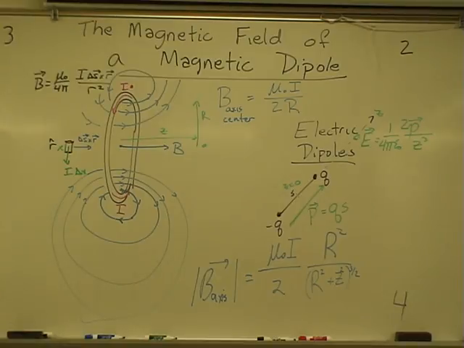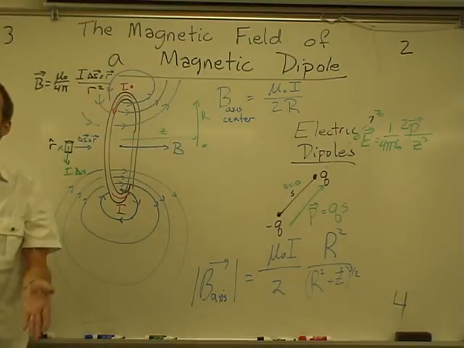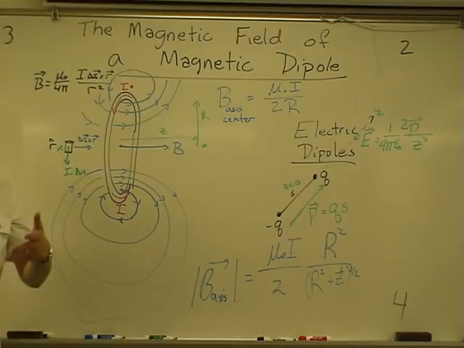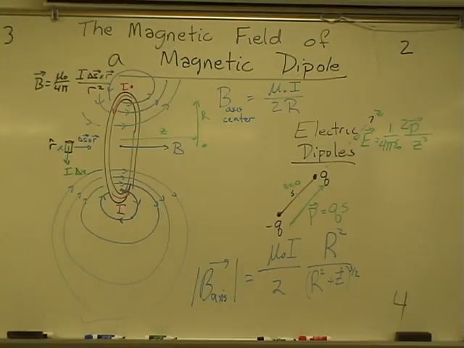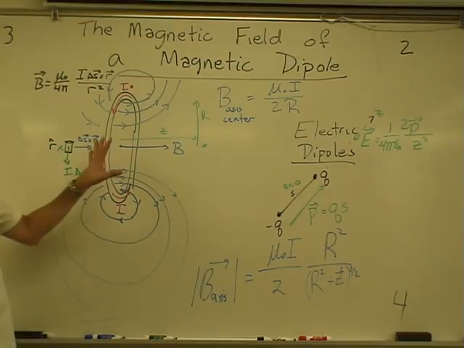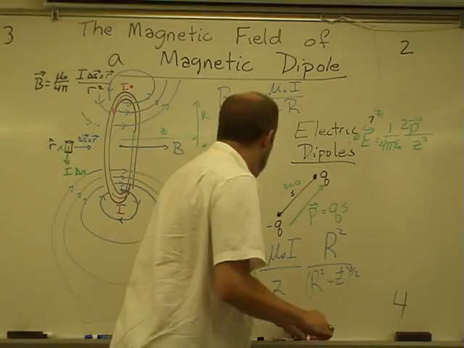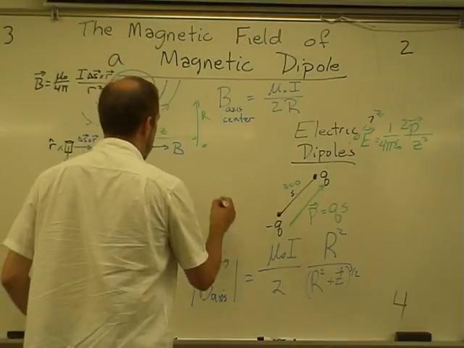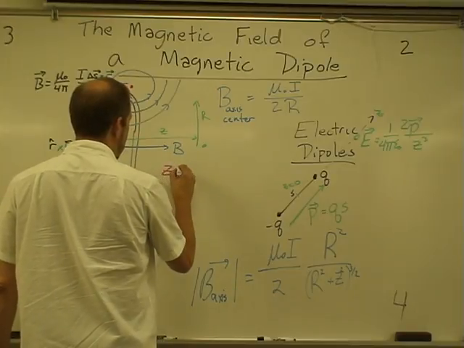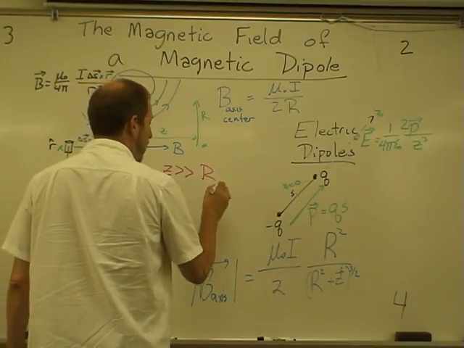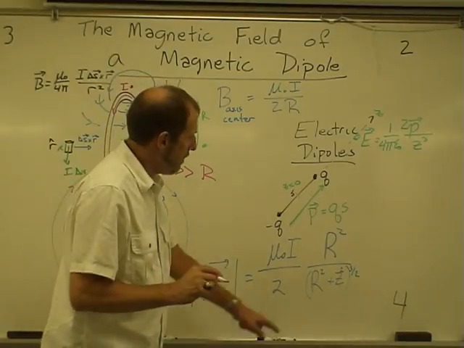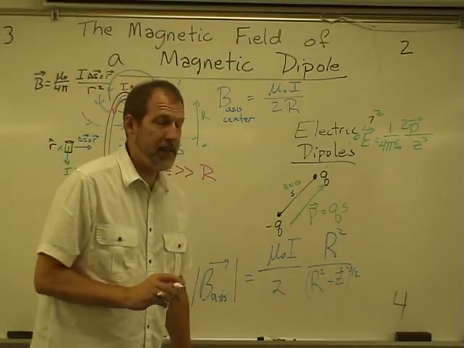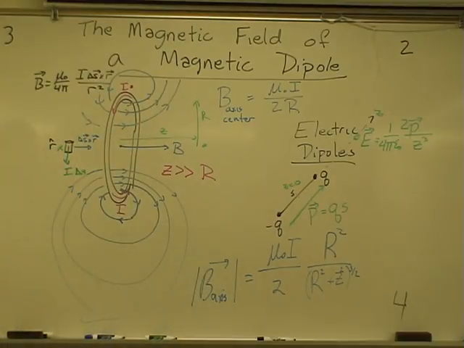I'm going to make two simplifications, because the effect of the dipole is all about making simplifications in the space that we can. If we're ridiculously far away, then we can ignore this one little effect. If we're too close, we have to treat it as being distributed through space. But if z is way larger than r, then r squared plus z squared is basically z squared.